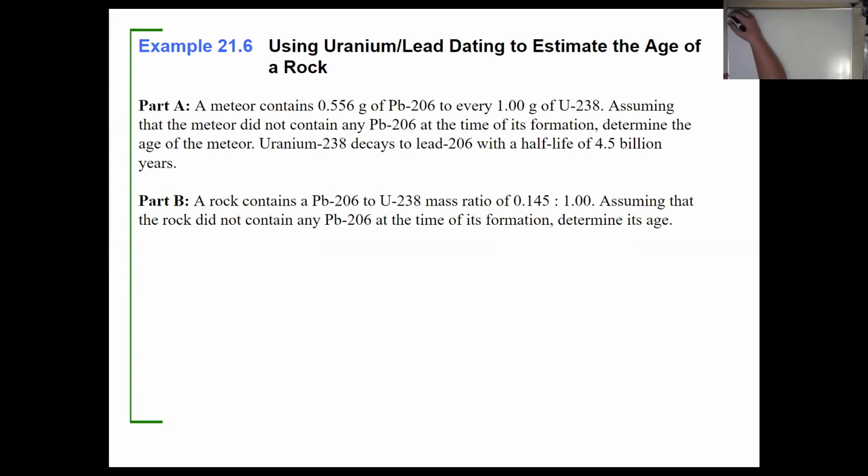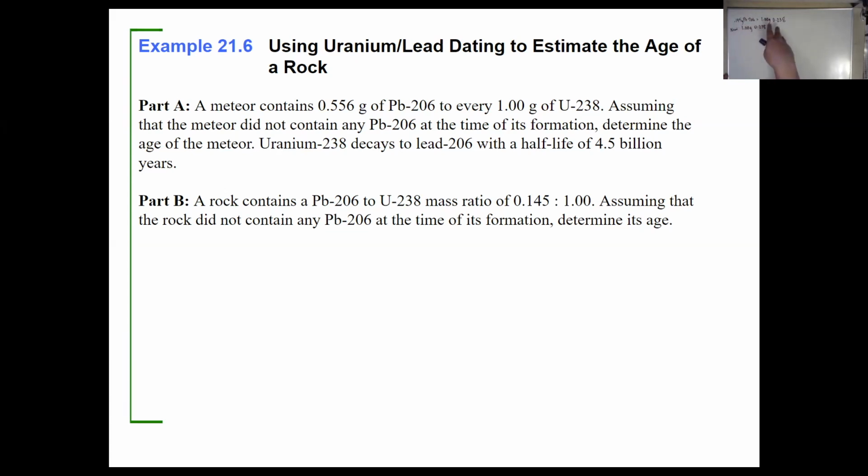They're saying that our ratio is going to be 0.145 grams of Pb-206 to every 1 gram of uranium-238 again. And again, we're going to have 1 gram of the uranium-238. It's not that we have only 1 gram, it's just that the ratio of uranium-238 to lead-206 is this, 0.145 grams of lead to 1 gram of uranium.